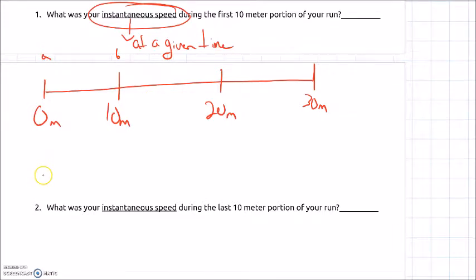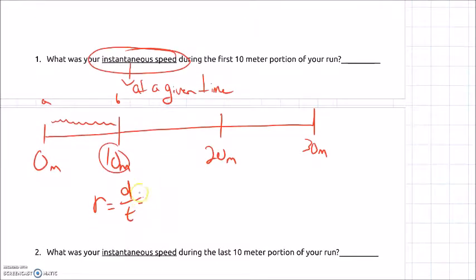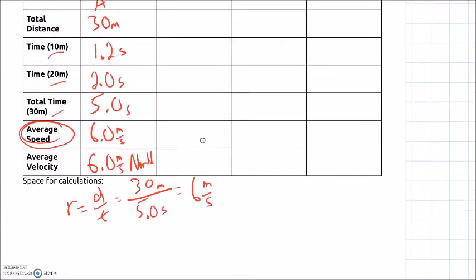So for our speed for that first 10 meters, rate equals distance over time, where distance in this particular case is 10 meters. And I have to scroll up to check my time, I don't remember.